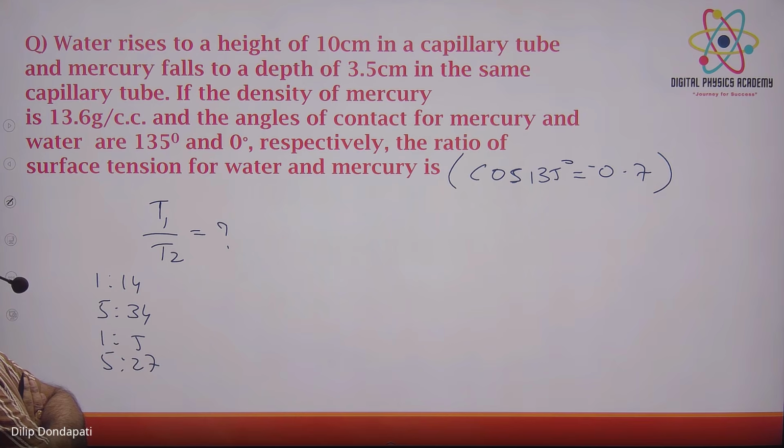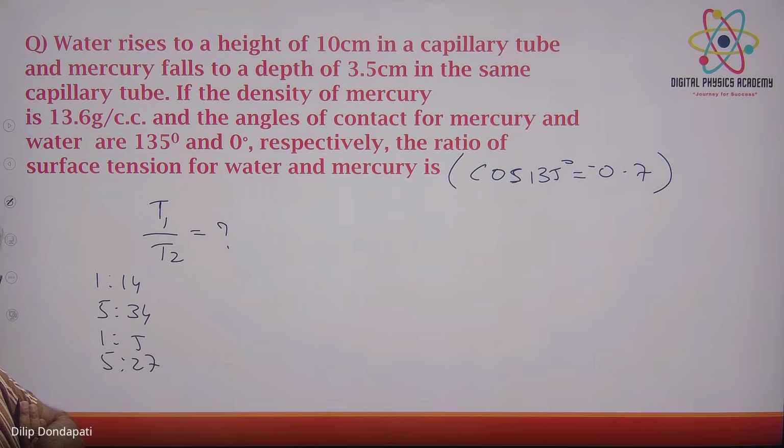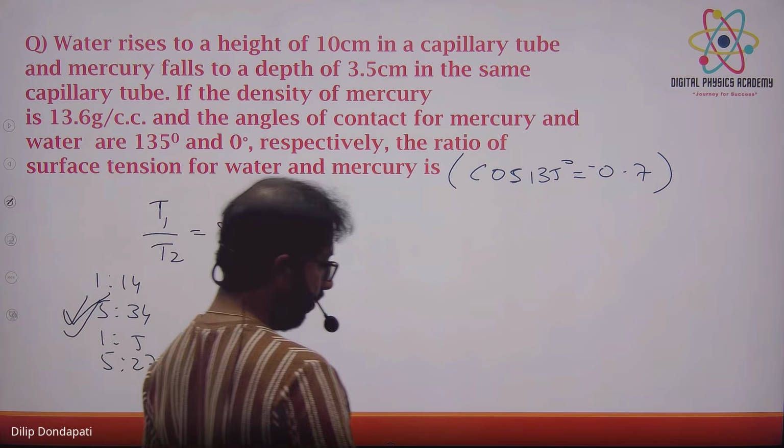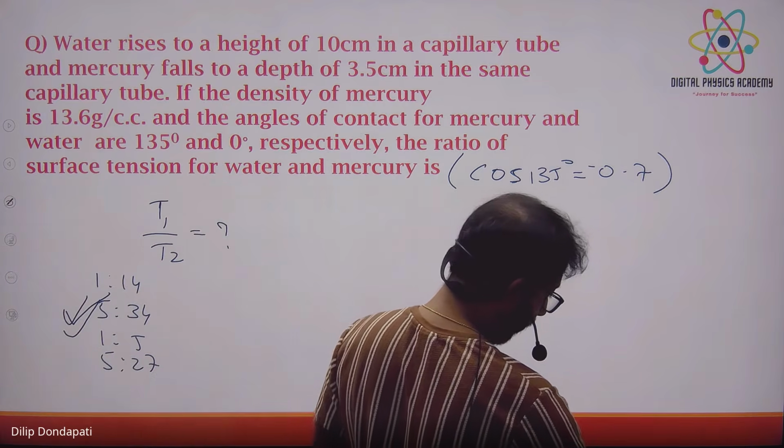So they're asking mercury to water or water to mercury? Water to mercury. Okay, sir. I got 5.34, approximate. Okay, देखेंगे. Sir, I got 5.35. Yeah, 5.34. 534 is answer. Just formula लगा के divide करने के, that's the question.